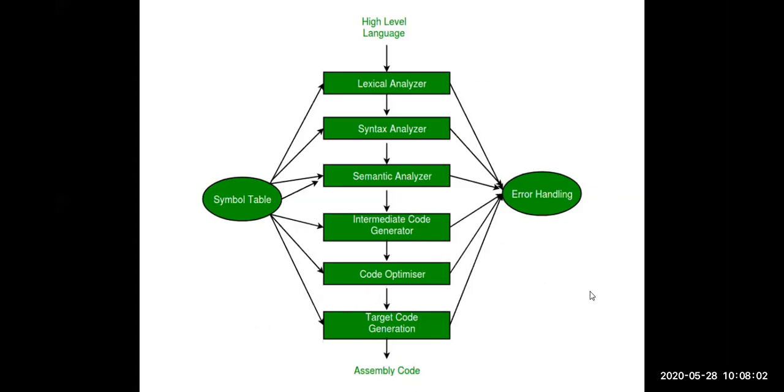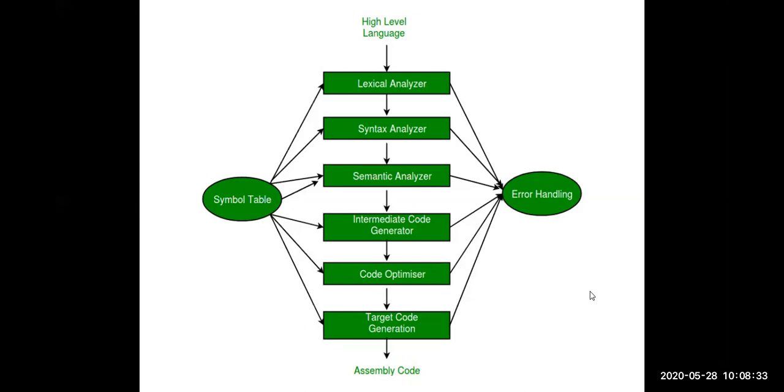Next, its output is given to the syntax analyzer. The output of the syntax analyzer is given to the semantic analyzer. Then its output is given to the intermediate code generator. Again, the output is given to the code optimizer. Finally, it is given to target code generation. After applying target code generation, we get our required assembly code.